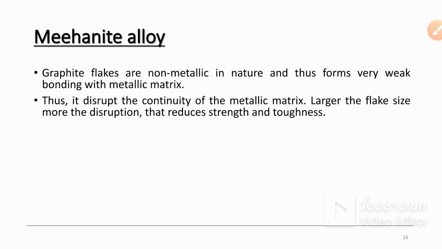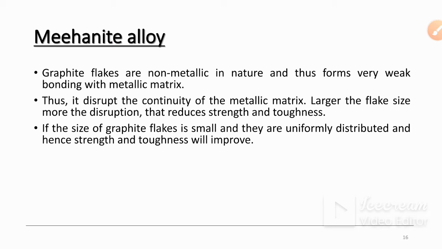The larger the flake size, the more the disruption, and thus strength and toughness are reduced. Hence we need to reduce the length of these graphite flakes, or change their size and shape. If the graphite flakes are very small and uniformly distributed, strength and toughness will improve.